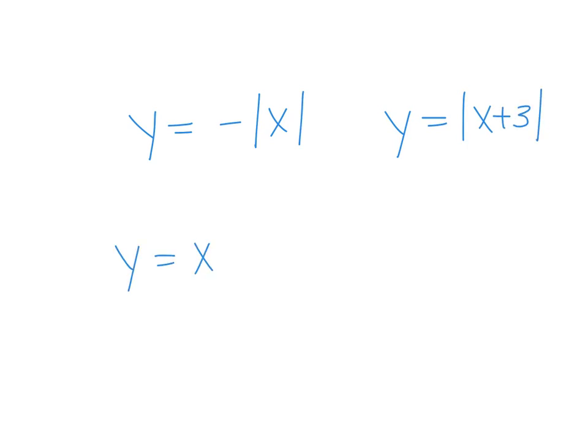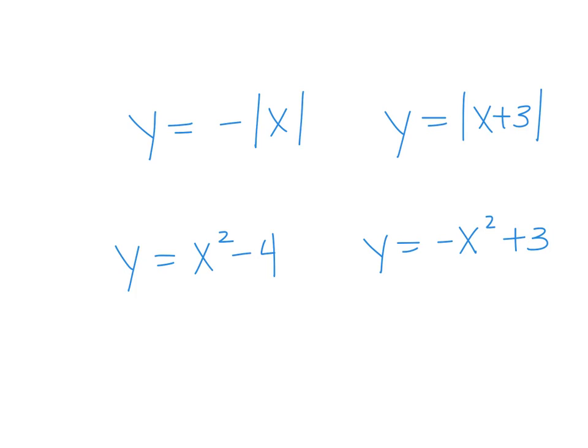Okay, we're going to ditch this part of it. If I give you this equation versus this equation versus this equation versus this equation. Okay, 4 different equations that are going to look like 4 different graphs, kind of.